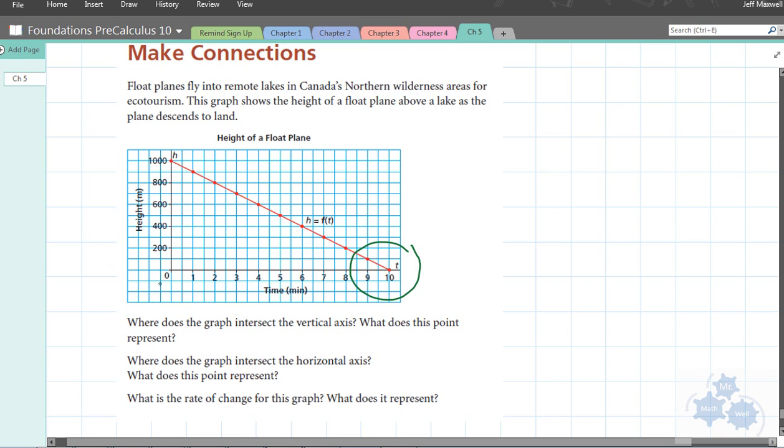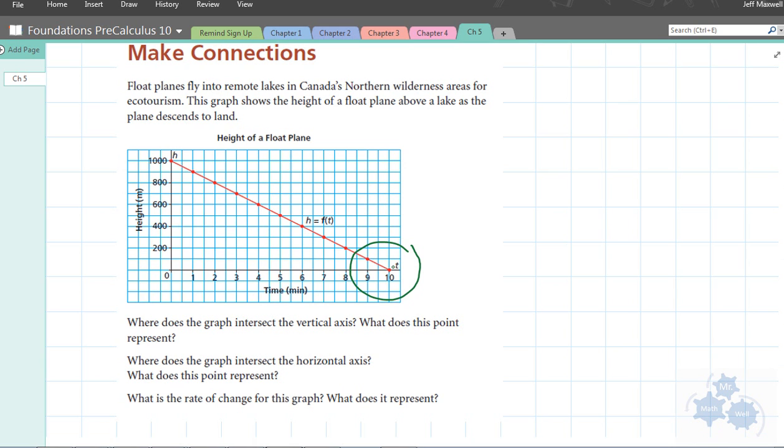Okay, so it took the plane 10 minutes to land in the lake. It's a float plane, it's coming down to the lake. Okay, good. I like that. The whole situation here that we've been measuring takes 10 minutes. Or you could also say 10 minutes after we started taking all these height measurements is when the plane touched down on the lake. So anything like that is great.